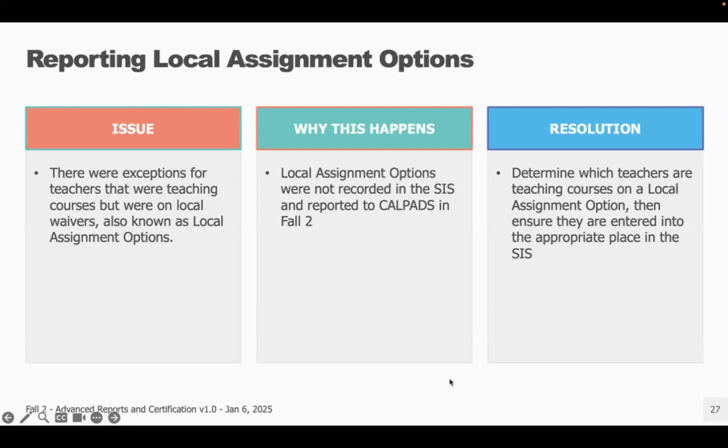And the reason this happens is because local assignment options are not recorded in the CSIS and reported to CalSAAS in Fall-2. So to address this, you would need to determine which teachers are teaching courses on local assignment option, and then ensure that they are entered in the appropriate place in your local CSIS and reported to CalSAAS.